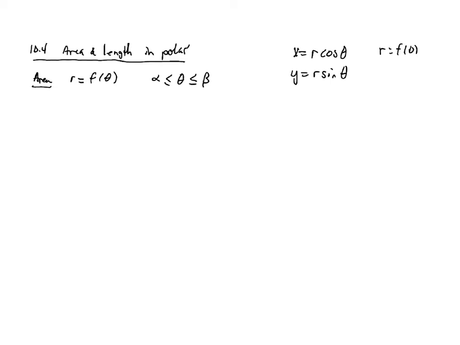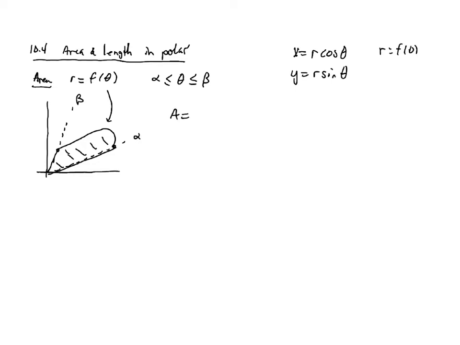Graphically speaking, that says that you're looking at a range of theta values from alpha to beta, and you've got some starting point for your curve and some ending point, and your graph of your curve maybe looks something like that. So that's your r equals f of theta, and the area that you're computing in that case is this little wedge-shaped region here.